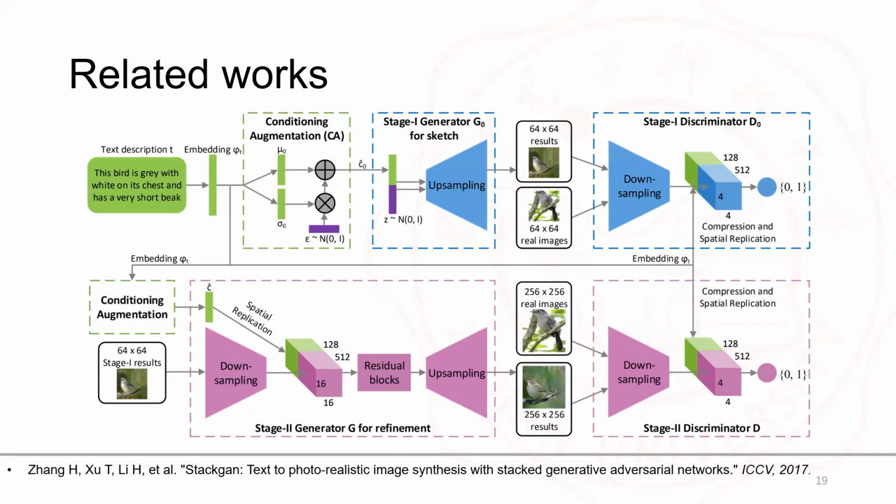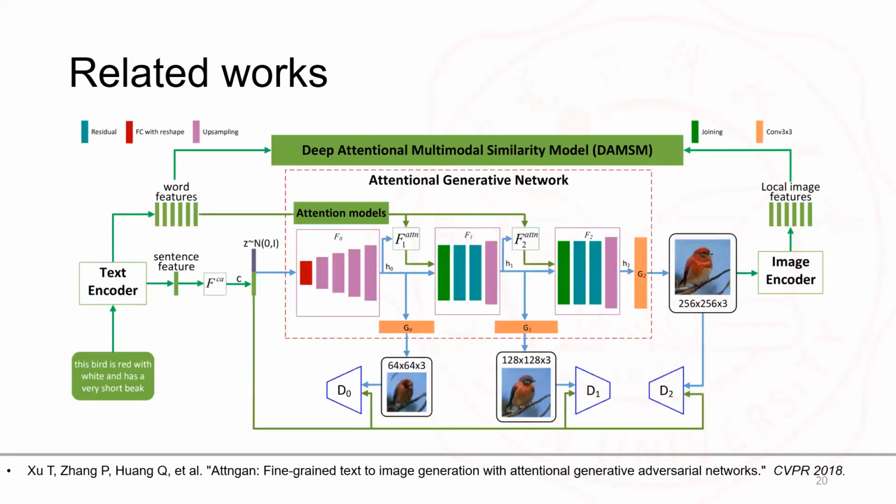Going one step further, word level information can enable local generation. AttnGAN introduced the deep attentional multimodal similarity model to refine images, which takes into account both local and global information. Nevertheless, the multi-stage structure has pros and cons. On the one hand, the stacking structure addresses the size limitation by means of bit-by-bit supervision.